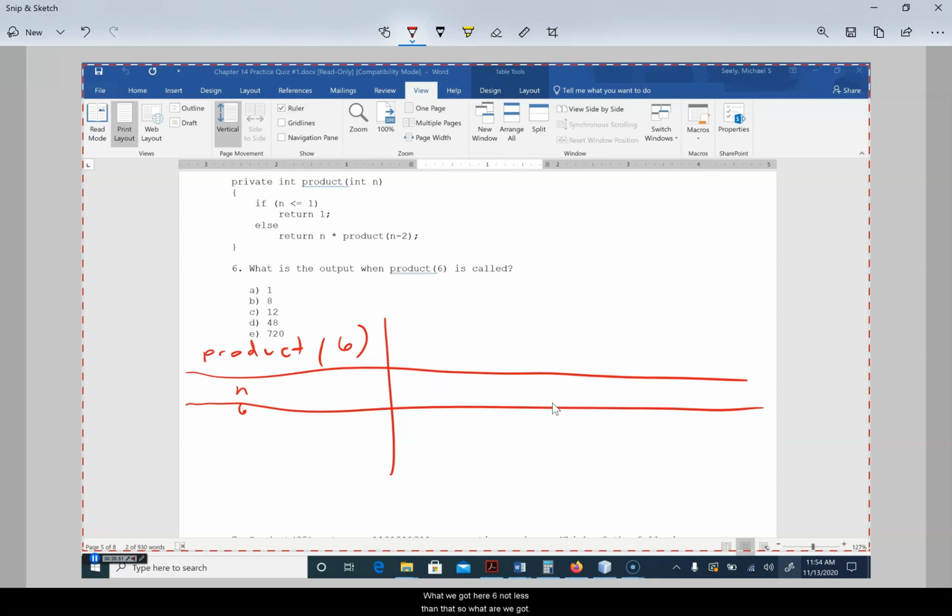And then what do we got here? 6 is not less than that, so what do we got? n times product n minus 2.